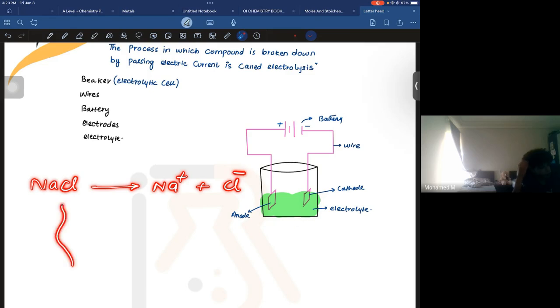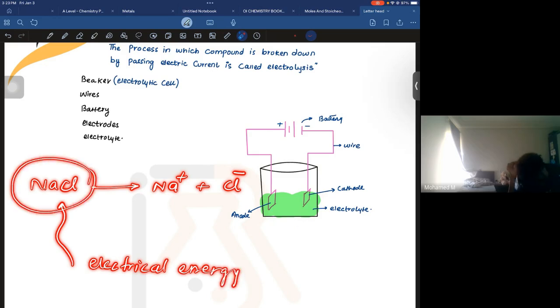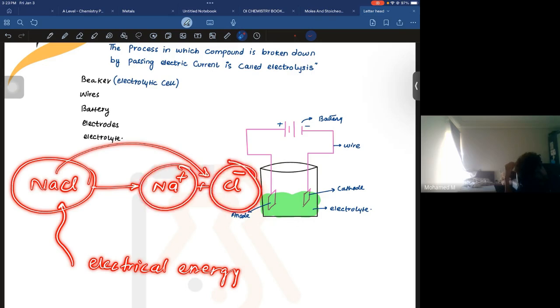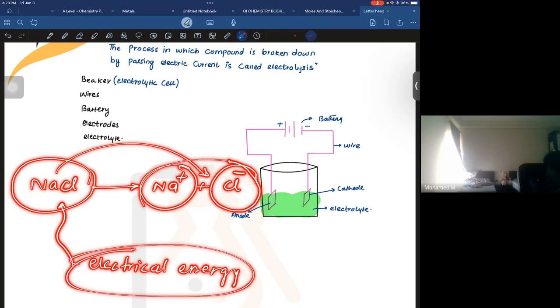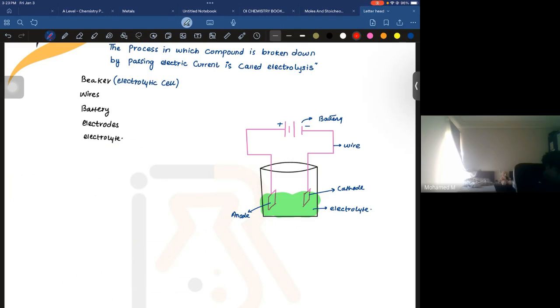I have provided electrical energy, and after providing it, it's broken down into the cation and an anion. So I can say that the electrical energy is converted into chemical energy. So you can say that this is an electrolytic cell.